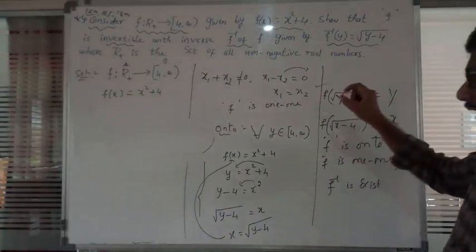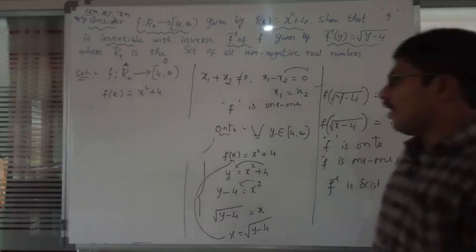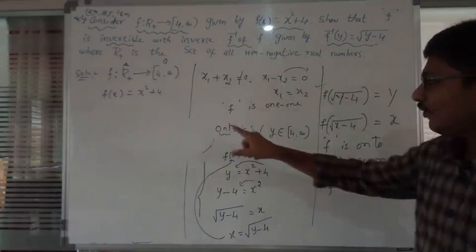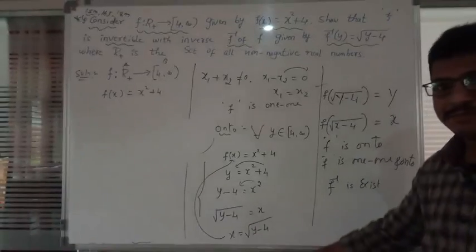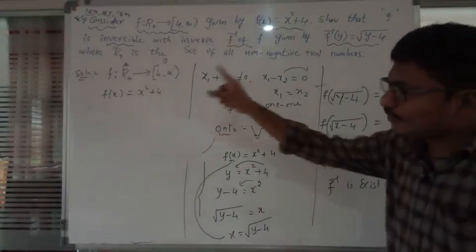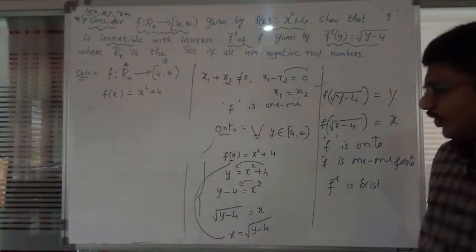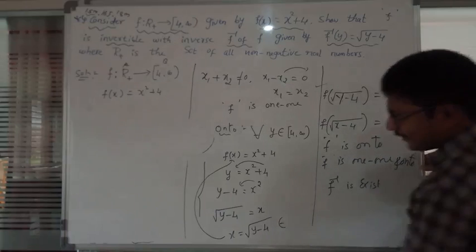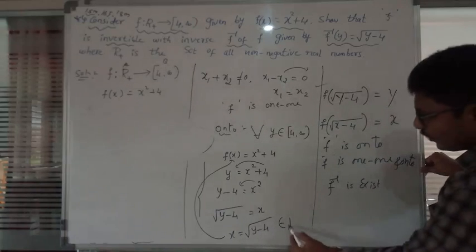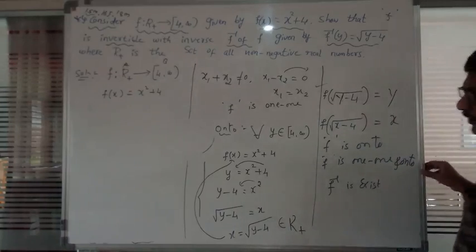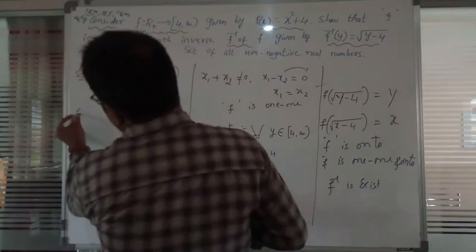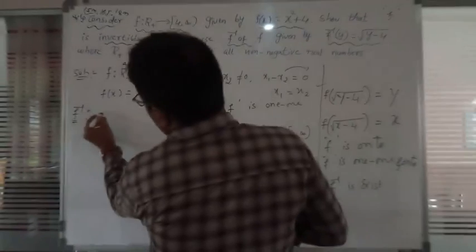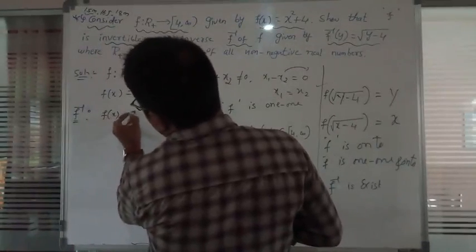Whatever procedure you have written in onto, the same procedure you write as f inverse, and it ends there. So sorry, x is equal to root of y minus 4 belongs to A, the first set, so we should write this is R plus. So for f inverse, you must write f inverse. It means that first you should write f of x is equal to y.